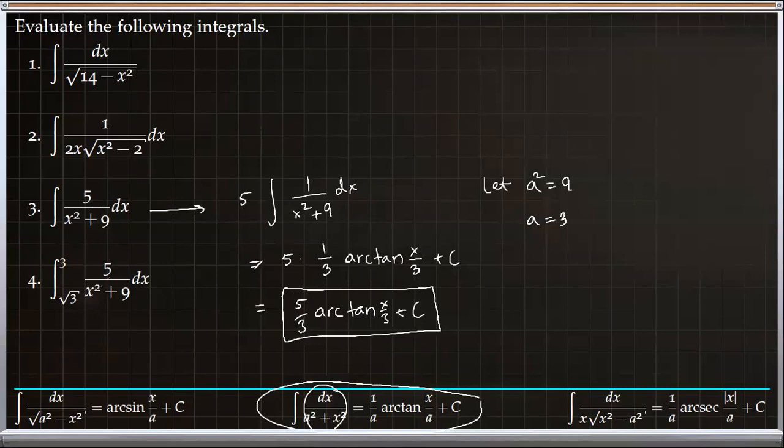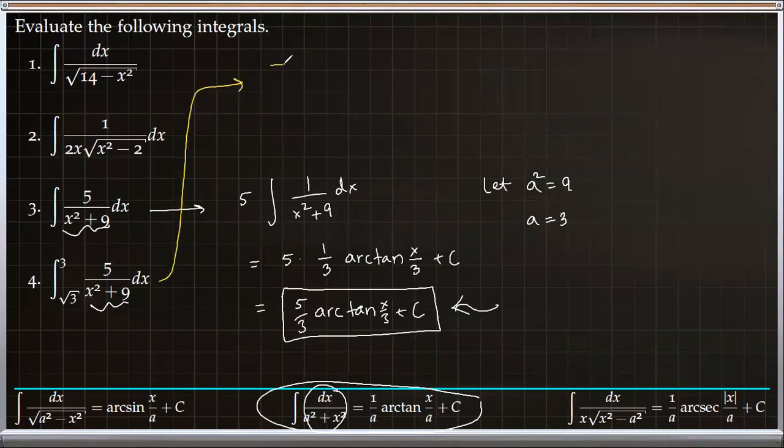Now the last one on this page, we have a definite integral. The integrand is the same, 5 over x squared plus 9, but we are evaluating it from square root of 3 to 3. So we can just use this antiderivative we obtained over here. So I'm going to keep that and do that over here.